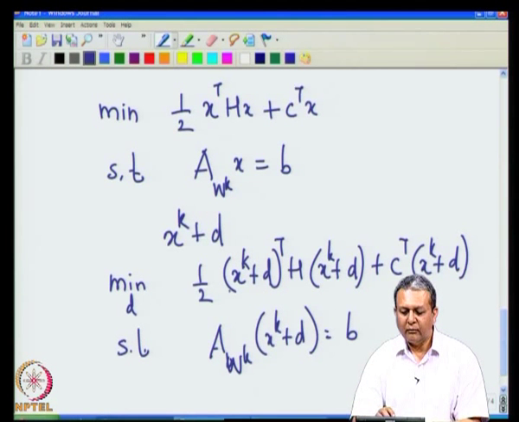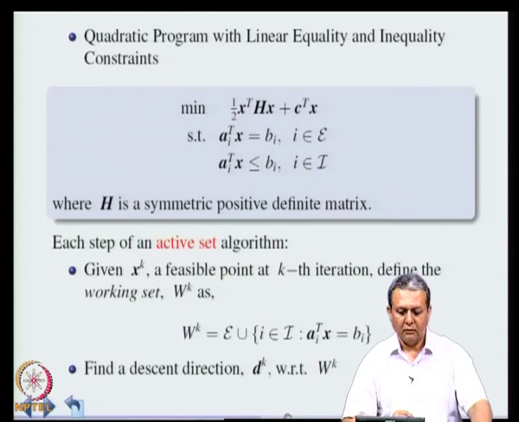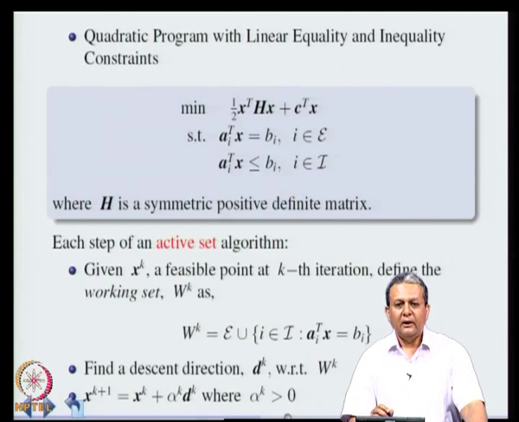So, the objective function becomes half d transpose H d plus gk transpose d, subject to A_Wk d equal to 0, because A_Wk x is always b and it is true at xk. Once you find the descent direction dk, we find the step size such that xk plus 1 is also feasible.